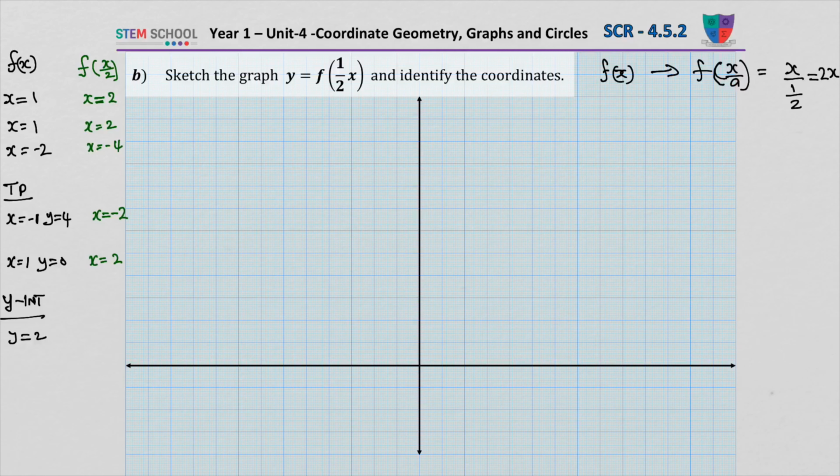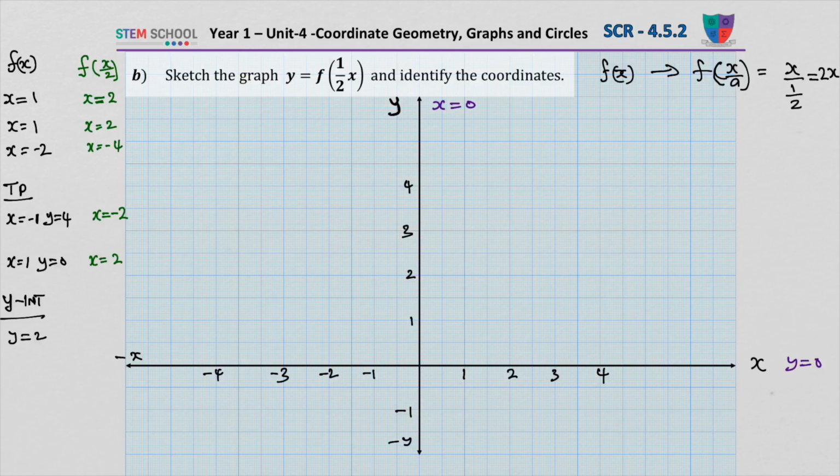And if you divide by a, you're multiplying it by a. So the y value wouldn't be changing. It's only the x value that will be changing. So what it looks like is, because we're multiplying a half by x, we're stretching the curve horizontally.